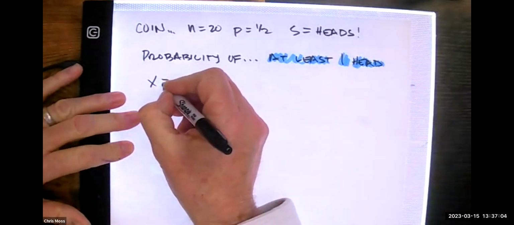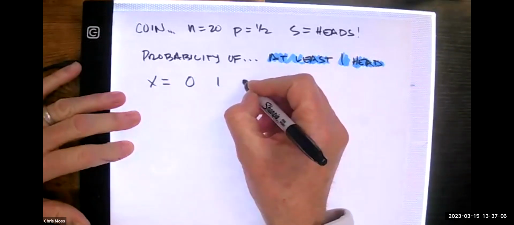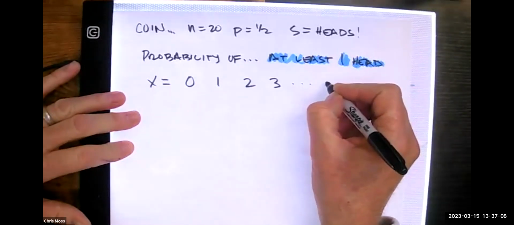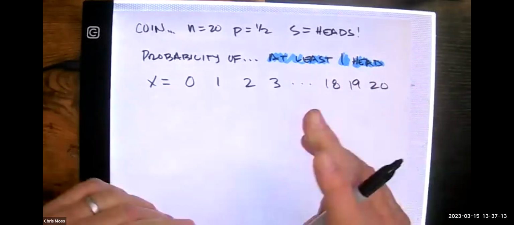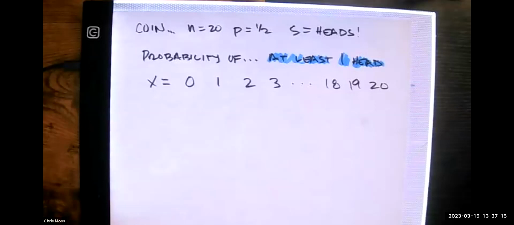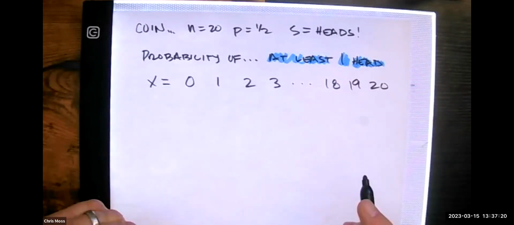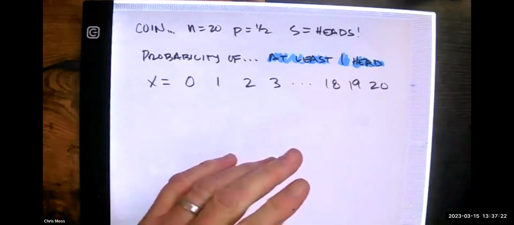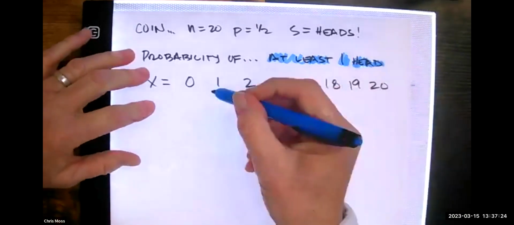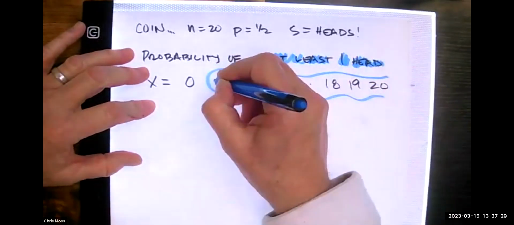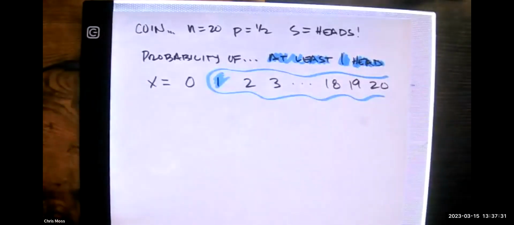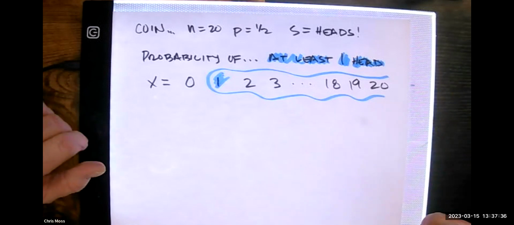Now, x could equal either a 0, a 1, a 2, a 3, all the way out to 20. So the set we are interested in is this thing here. This is my set A. It does not begin at 0. So I've got to set this up in terms of the complement.